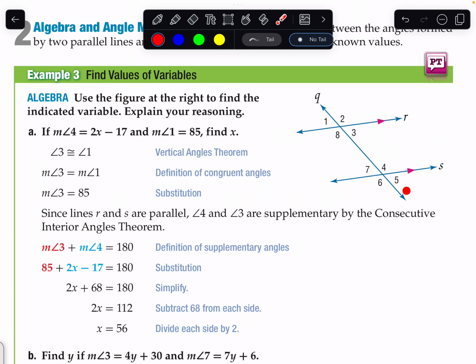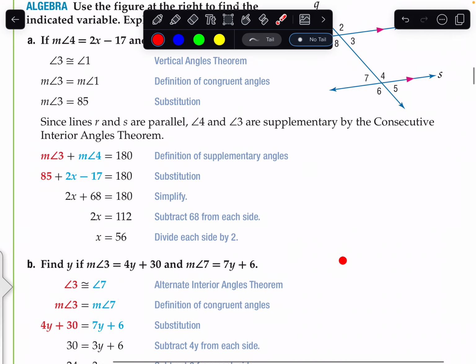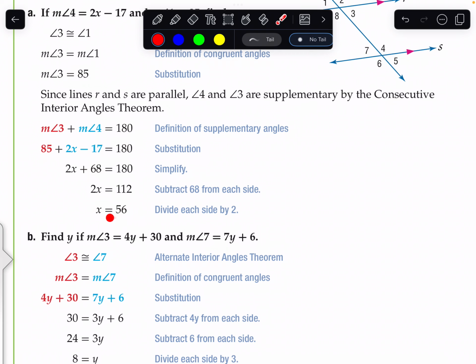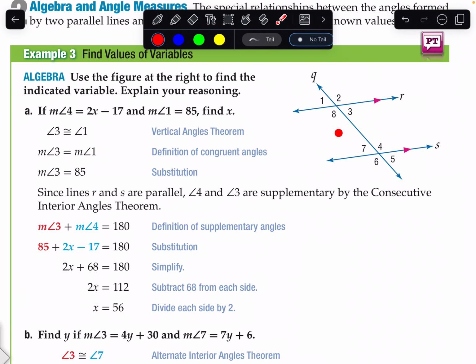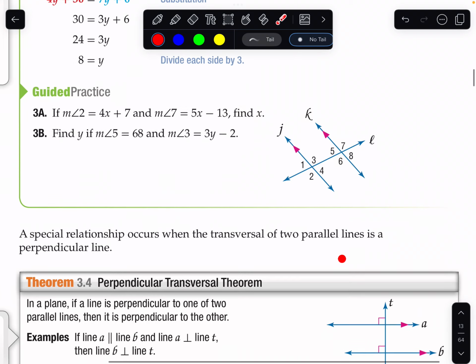We've numbered all 8 of the angles involved, and we are given some algebraic expressions for some of them. Since we know more pairs of congruent angles here, we can create more equations and then use those equations to solve for x. And you could, one step further, plug x back into those expressions to find the actual angle measures.